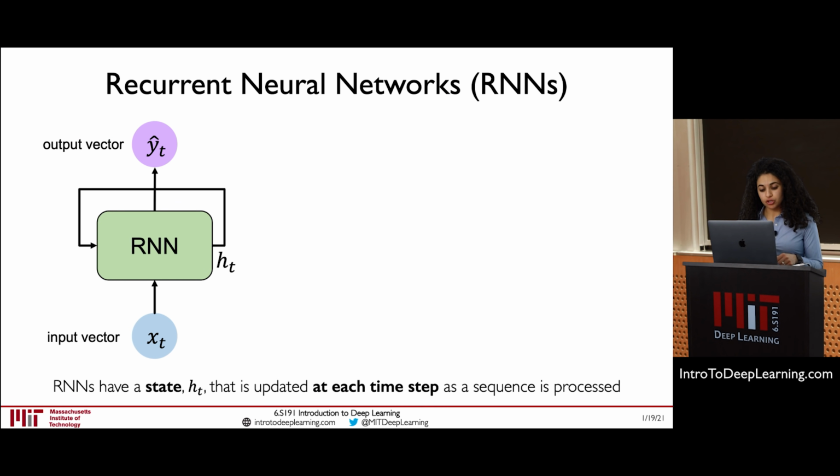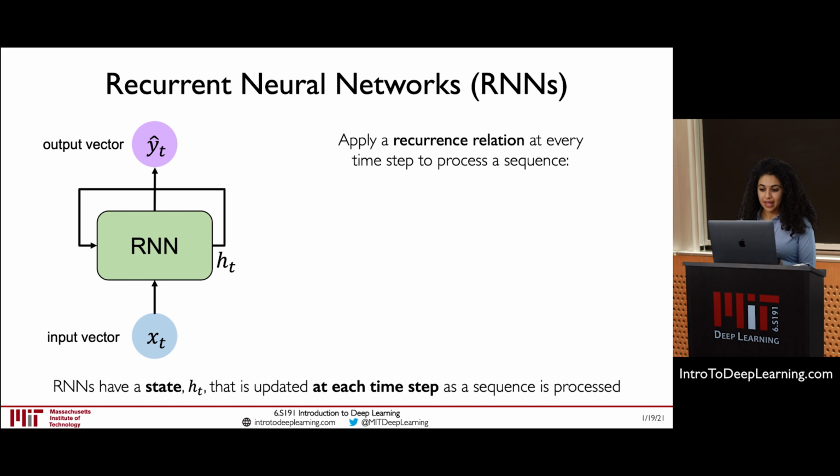All right, so let's formalize this a little bit more. The key idea, as I mentioned, and hopefully what you take away from this lecture, is that these RNNs maintain this internal state, h of t, which is updated at each time step as the sequence is processed. This is done via this recurrence relation, which specifically defines how the state is updated at each time step.